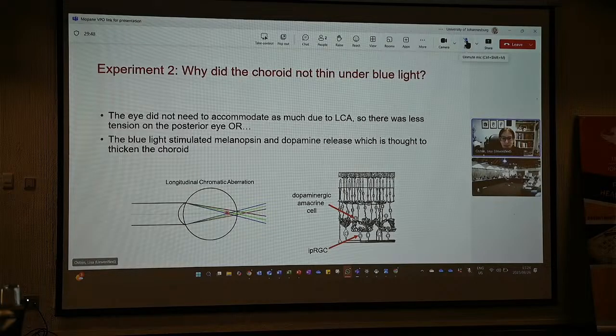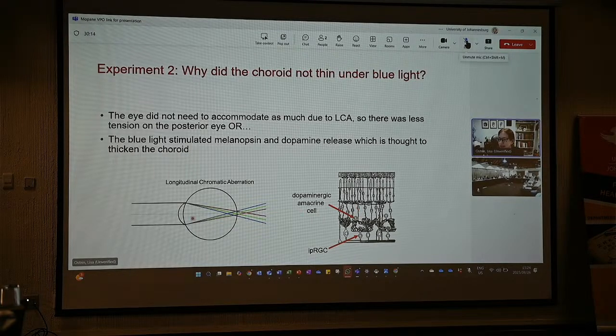So maybe that's why we didn't see choroidal thinning with blue light. [The second reason may be that blue light could] increase retinal dopamine and lead to an increase in choroidal thickness.